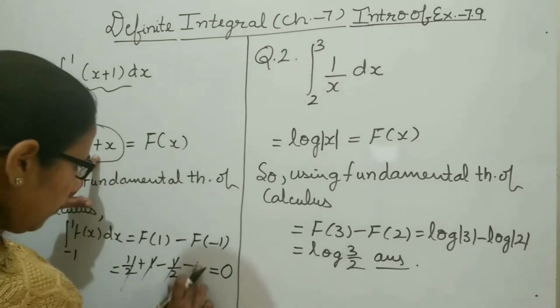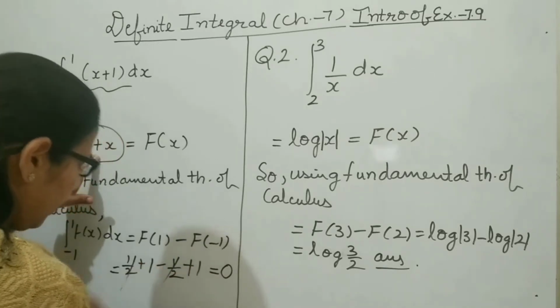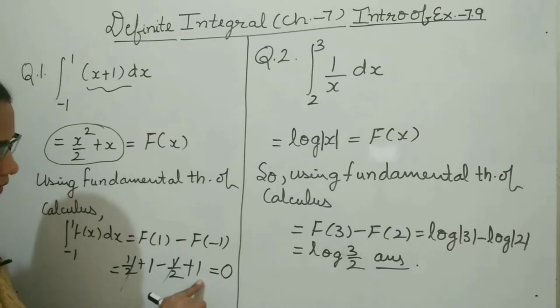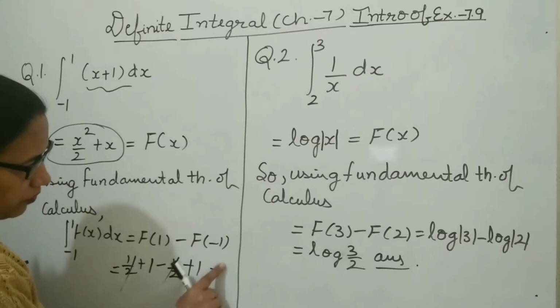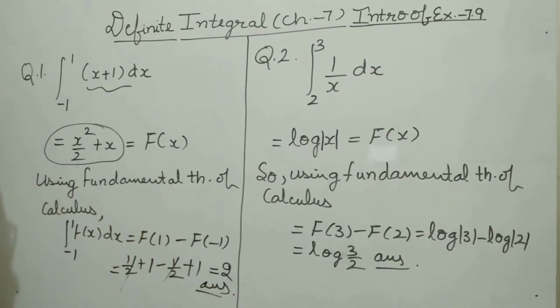So this is your plus 1. We wrongly wrote here minus 1, correct this one, it comes out to be plus 1. So answer is not 0 here, answer is 1 plus 1, 2. So correct it, okay?